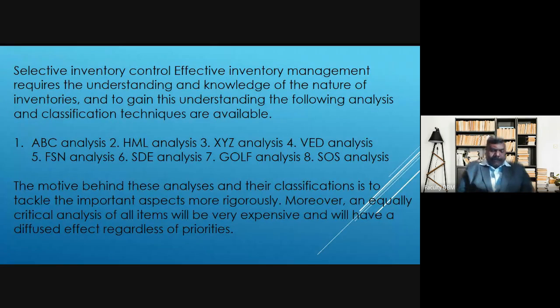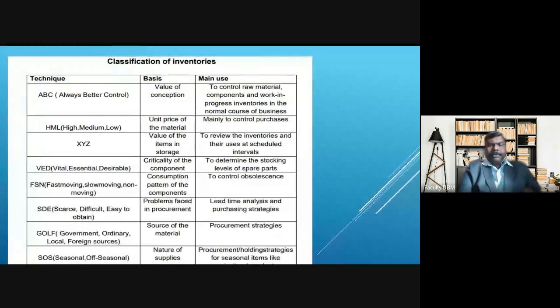To know the main things in these classification techniques, that is ABC, HML, XYZ, VED, FSN, SDE analysis, GOLF analysis, SOS analysis, I will take a quick round of view of what these techniques mean, what the abbreviations are, on what basis they work, and what the main use of each inventory classification is.